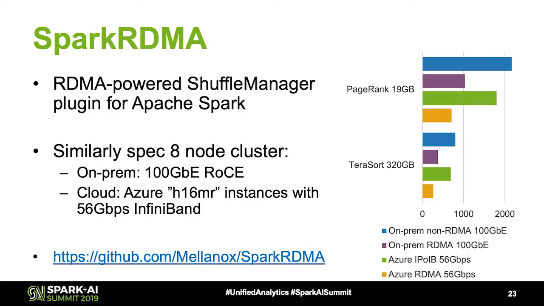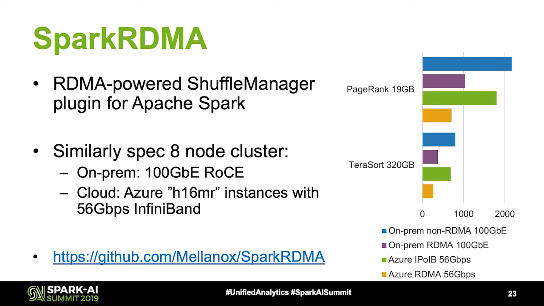And so now we have a good understanding of what the network performance expectations are. Now let's take a look at SparkRDMA. Like Yuval mentioned in the previous slides, Spark is one of the good candidates for RDMA, because it's doing an in-memory shuffle, and RDMA is a good candidate to expedite the data transfer there.